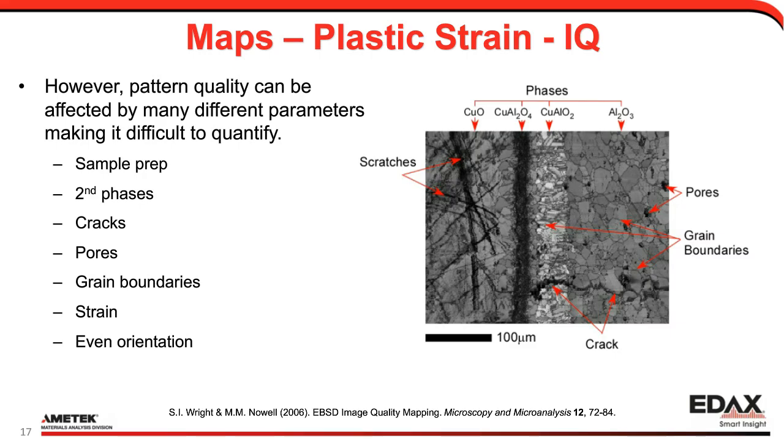Cracks and pores obviously show up, and grain boundaries show up. That's a problem, because grain boundaries would appear to be strained material when it's just a grain boundary effect. So strain is actually a lower order effect that we would see in the patterns. Even grain size and orientation can have effects. These can be pretty subtle, and they are all effects that we can see in an IQ map.